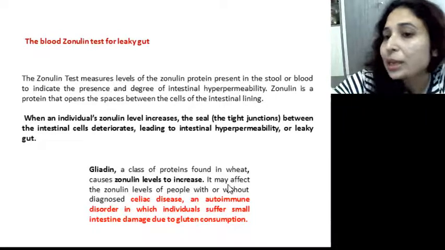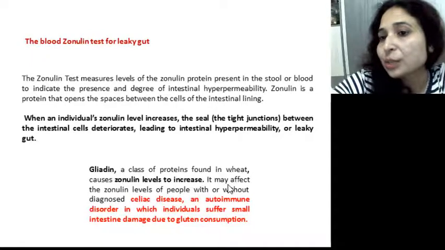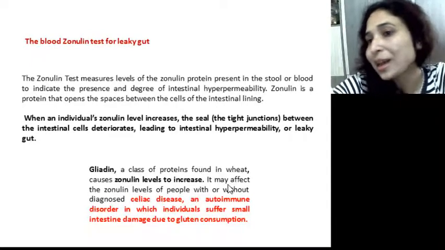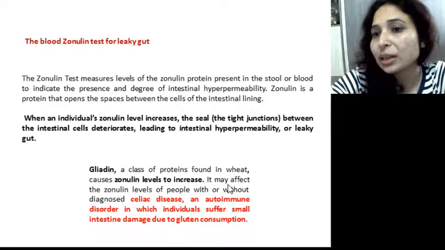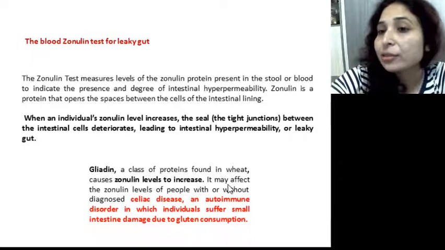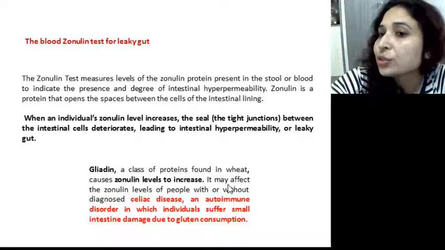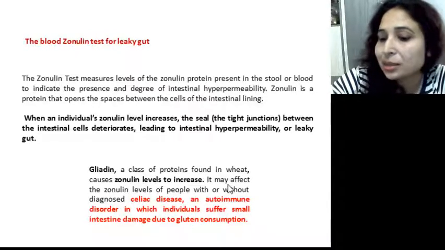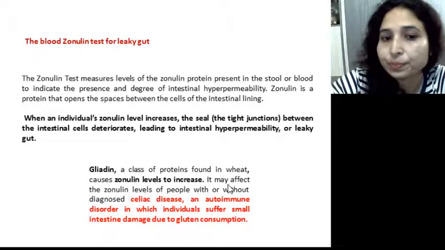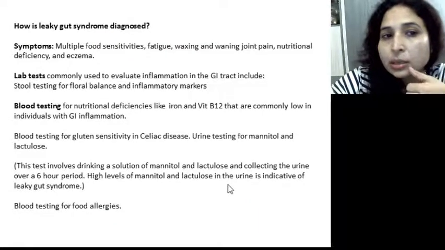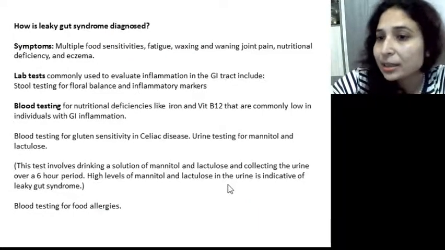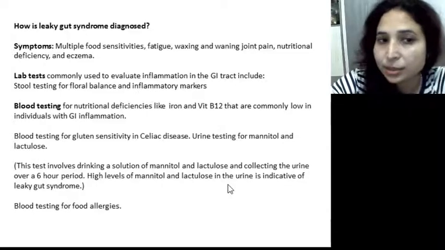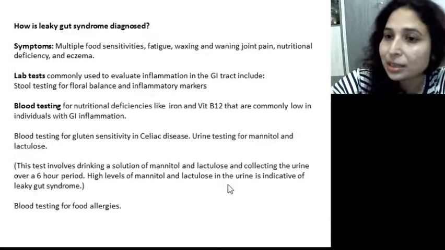So there can be a direct correlation between the consumption of wheat and the levels of zonulin in the blood, and if this does not suit an individual, then this leaky gut condition can take place.